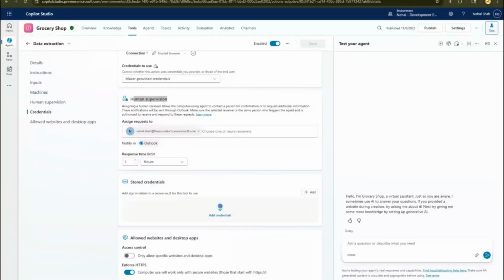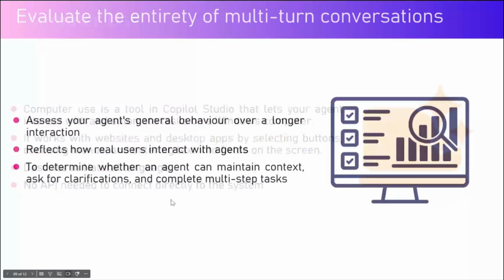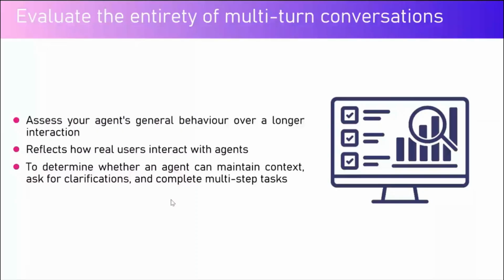Our next topic is evaluating the entirety of a multi-turn conversation. Until now, we had evaluation on just a single response, but now we have multi-turn evaluation. So basically, you can create test cases based on multiple conversations.